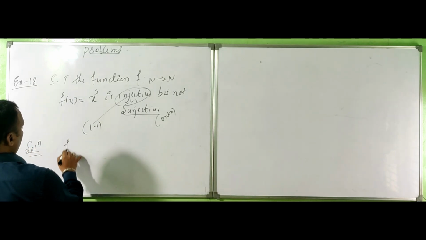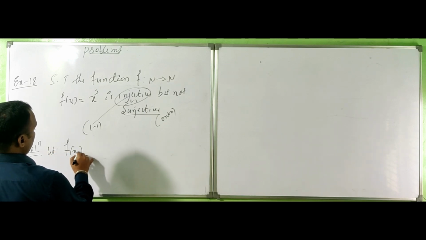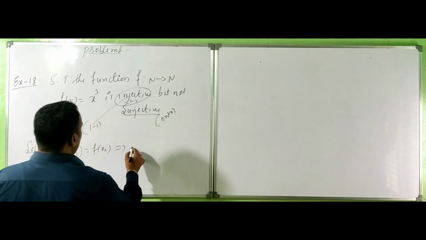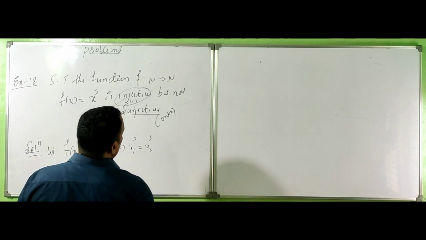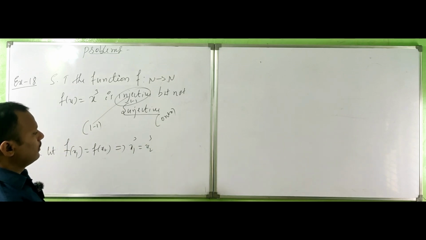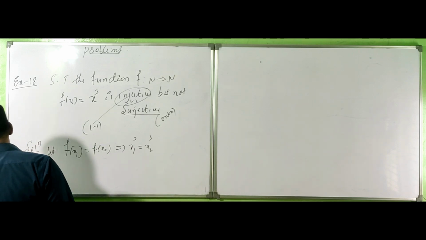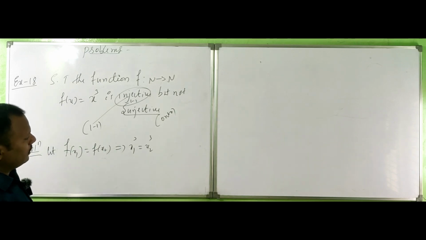This implies x1 cube is equal to x2 cube. What to do here? Right condition.